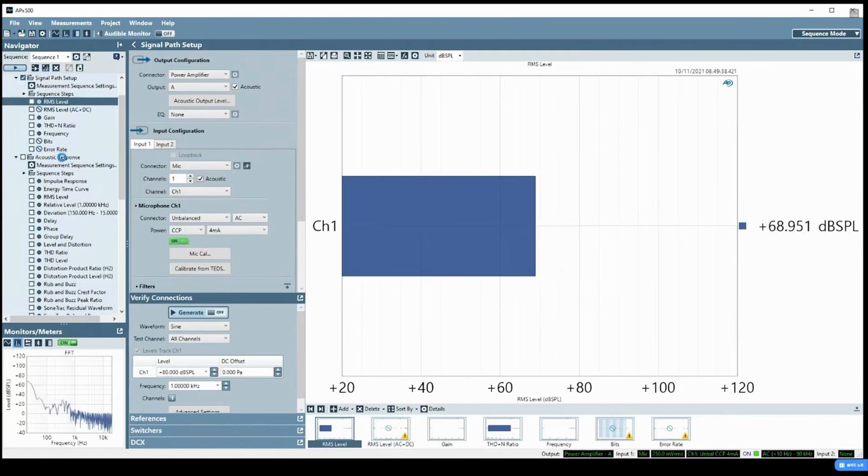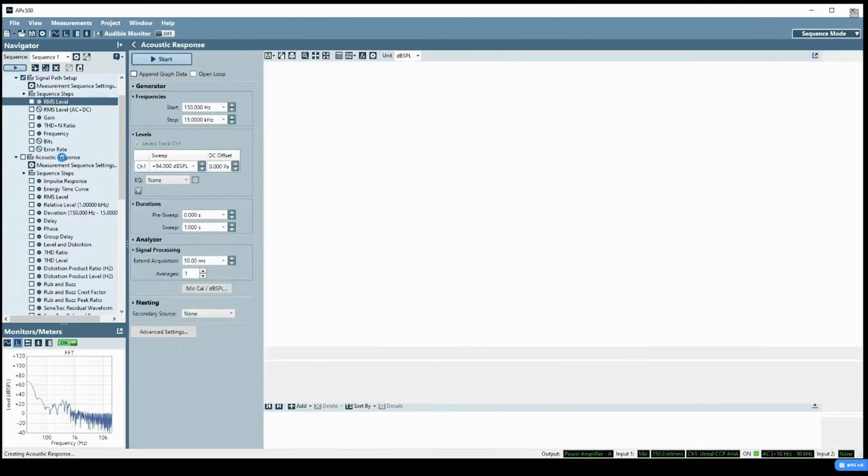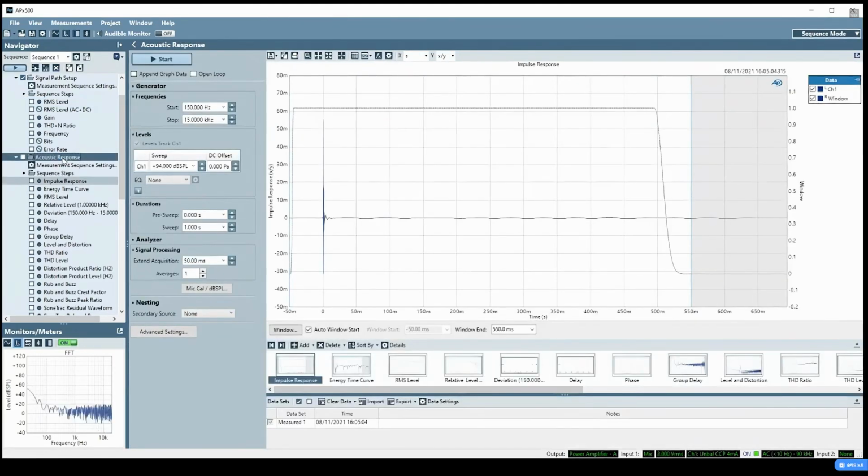Now, first of all, let's have a look at acoustic response. Our loudspeaker that I'm using is specified 150 Hertz, I think, to 20K. I'm actually doing a sweep up to 15K, doing a 1 second sweep at 94 dB SPL.